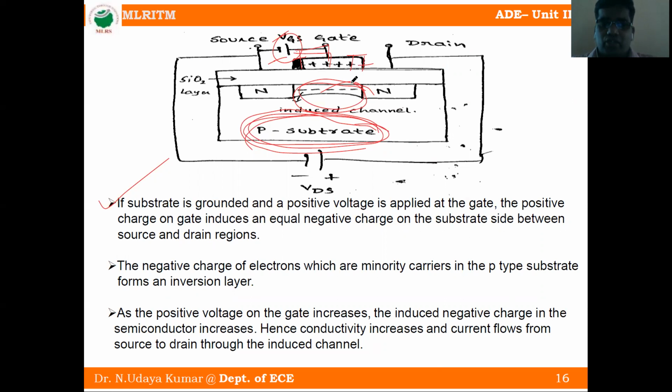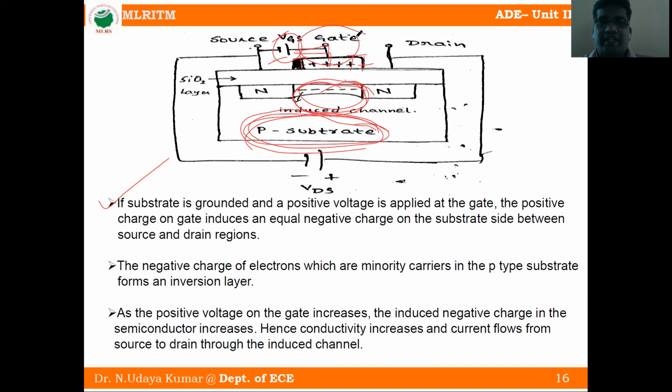As the positive voltage on the gate increases, at small voltage fewer electrons exist; at large voltage more electrons exist. As the positive voltage on the gate increases, the induced negative charge in the semiconductor increases. Hence the conductivity increases and current flows from source to drain through the induced channel.